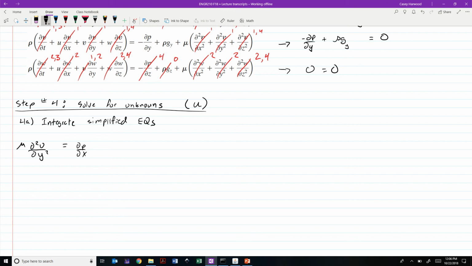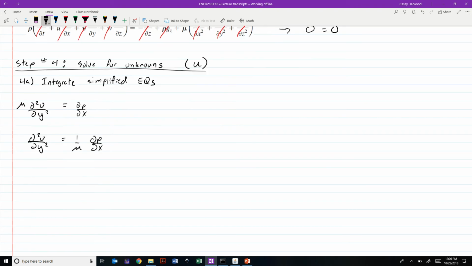So what we're seeking to do right here is set this up as an ordinary differential equation. If we move the viscosity over here, we've got a second order ODE, and we can integrate it twice to find u. So we can say that d squared u dy squared is equal to 1 over mu dp dx.